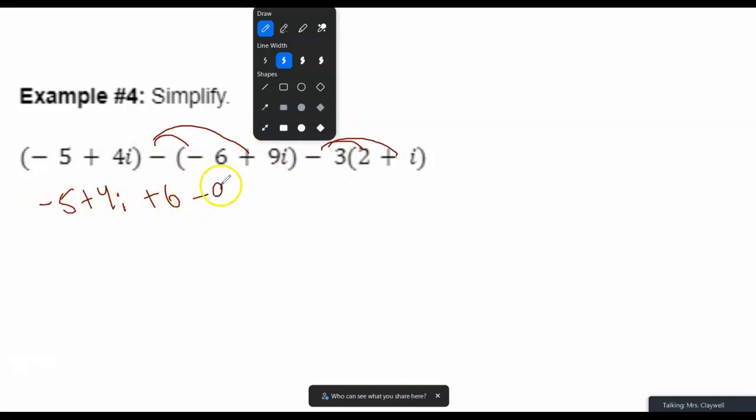So at this point, our i's are really just like x's. So 4, 9, and negative 3.